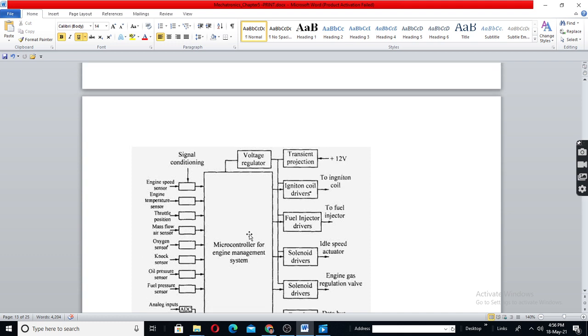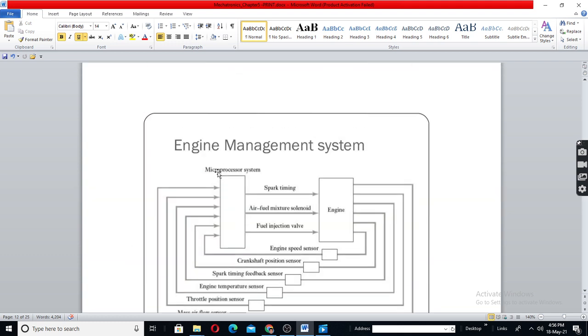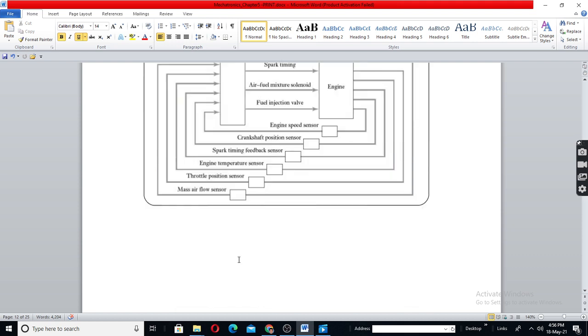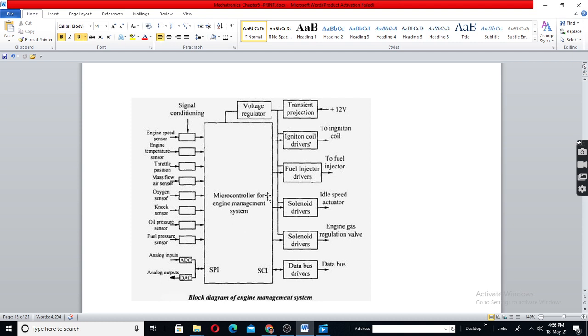So when we say microprocessor system, it includes the microprocessor and all those extra devices. So we can say microprocessor system means microcontroller.